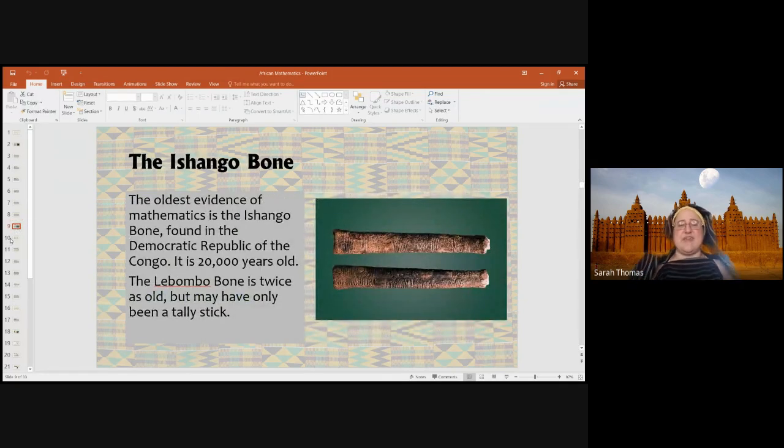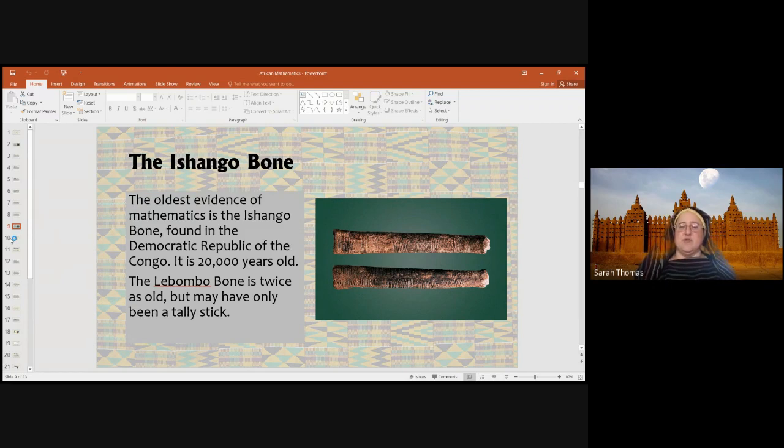It's 20,000 years old. Now, there is an older bone that's about 40,000 years old called the Lebombo bone, but we don't have any evidence that suggests that it was more than a tally stick. It is still evidence that people were thinking about quantity, but this is the first one that shows evidence that they're thinking about the relationships between quantities.